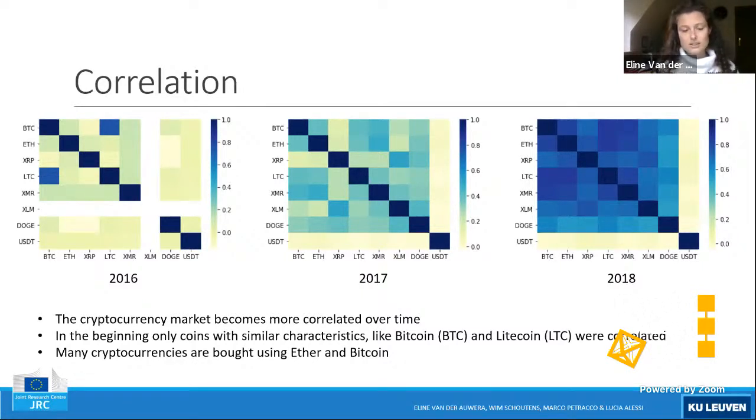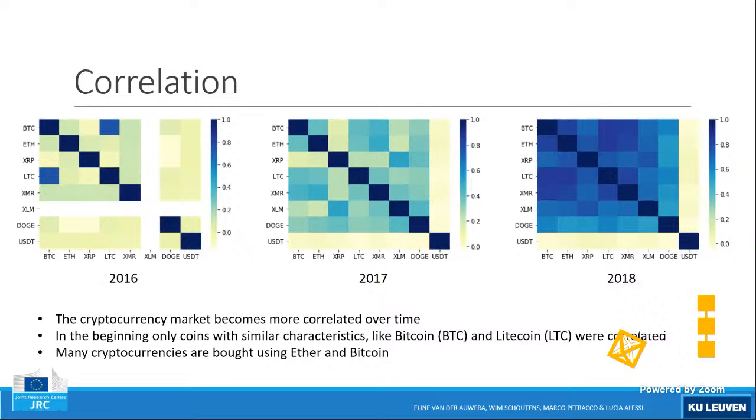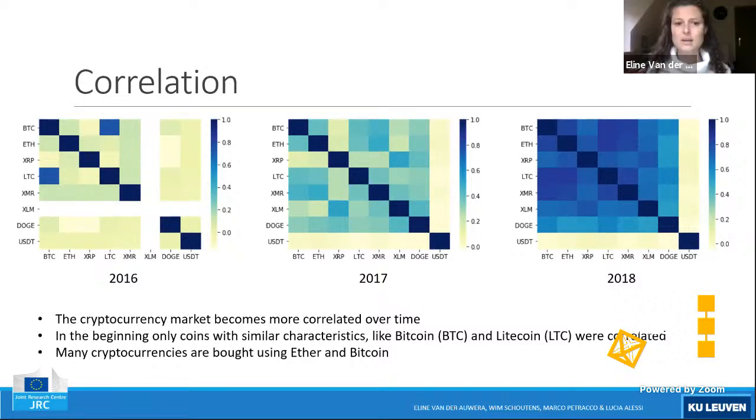The reason that these cryptocurrencies were highly correlated was because they had similar characteristics. Litecoin is actually an improvement or attempts to be an improvement of Bitcoin. It improves, for example, the transaction speed. And all of the other currencies, as you can see, they were not correlated.